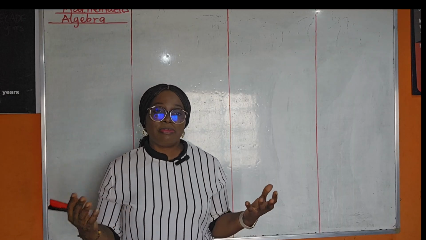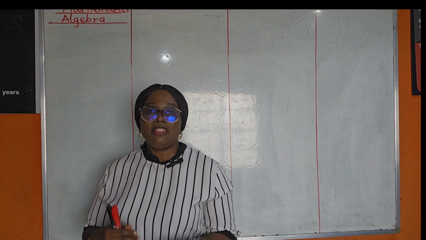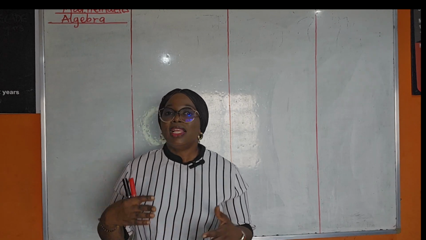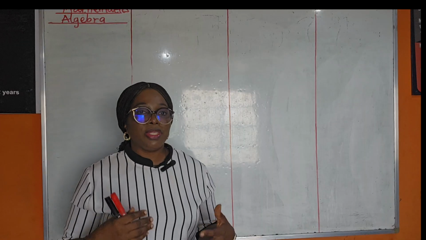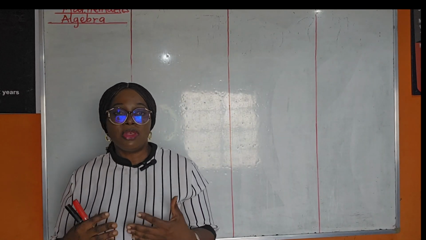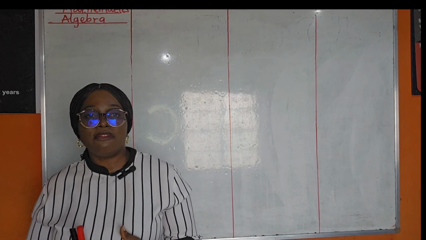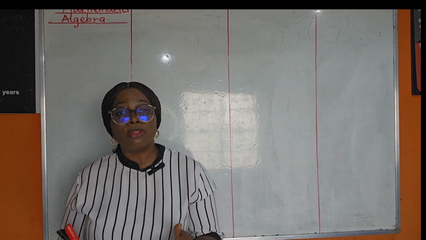When you hear the word algebra, what normally comes to your mind? The fusion of letters and numbers in mathematics, where you have to begin to solve using letters and numbers. Most times these letters stand for unknown numbers, which you end up finding out how to solve for.